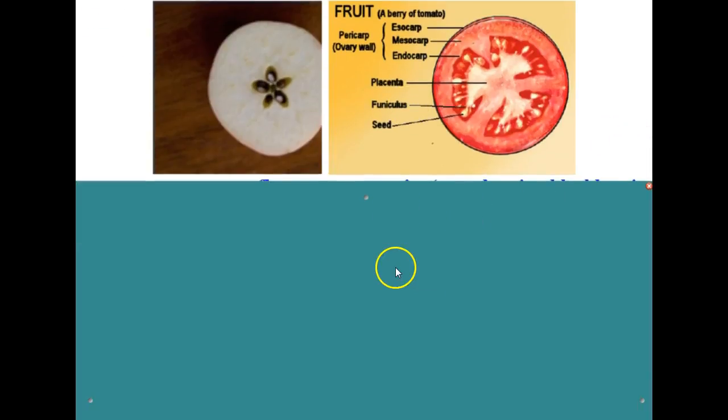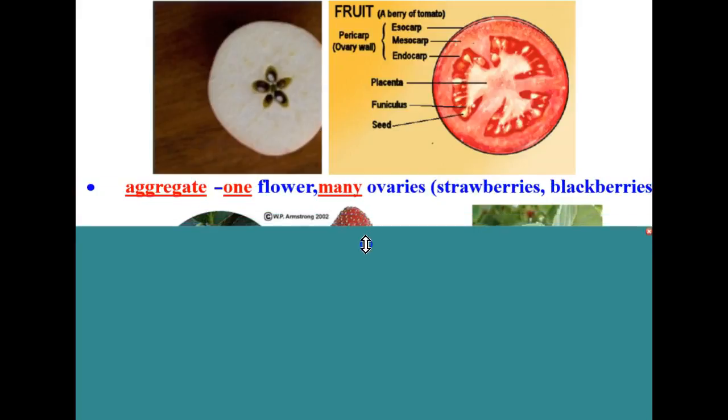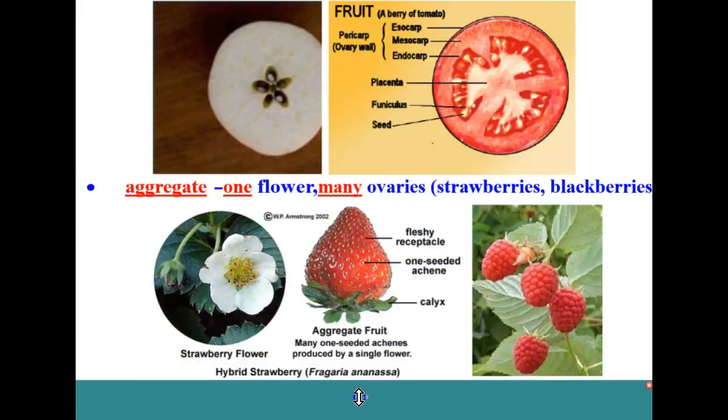There's the aggregate fruit, which comes from one flower that has many ovaries. Great example here shown in the strawberry flower. Examples are strawberries, blackberries, raspberries, etc. So one flower that contains many ovaries, and so you get all these different seeds produced in that particular fruit.